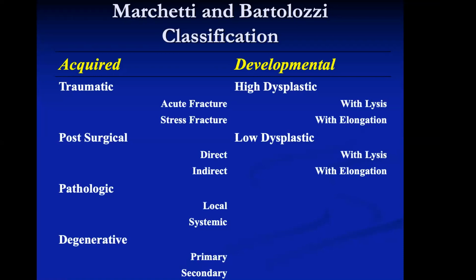So you excised the lamina, you excised the facet joint, there is nothing left. So you're causing an iatrogenic listhesis because you injured the posterior tension bands, because of which one vertebra slips on top of the other. Then traumatic: acute fracture and stress fracture. So here they have classified into two. Acute fracture is wherein you have a fall from height and there is an injury to your spine, and one vertebra jumps on top of the other.